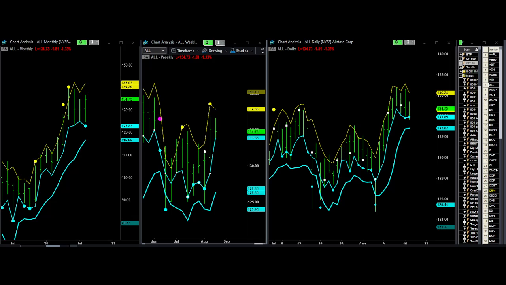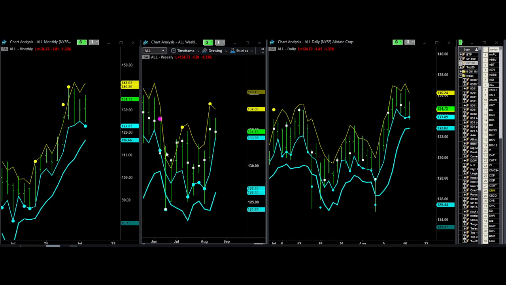This price is 132.32. So it's about a $6 difference. If you compare this one, that's 124.87, and this one is 132.06. So it's about an $8 difference.